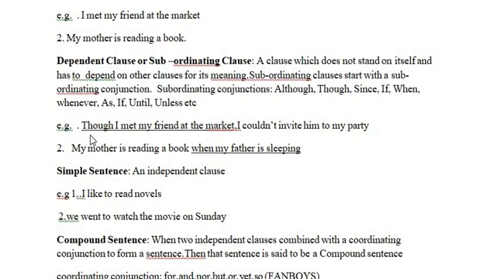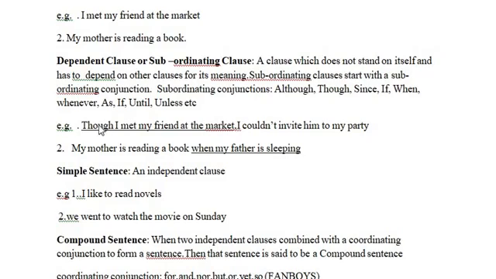So for example, if I say, though I met my friend at the market, I couldn't invite him to my party. So this is a sentence. And here, how many clauses can you find? I couldn't invite him to my party. This is an independent clause. Now here, though I met my friend at the market. This is a dependent clause. As I said, dependent clauses always start with a subordinating conjunction.